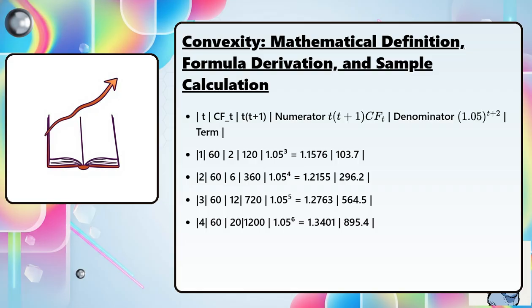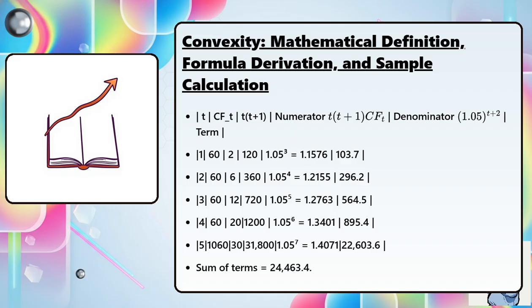For t equals 4, cash flow 60, t times (t plus 1) equals 20, numerator 1200, denominator 1.05 to the sixth power equals 1.3401, term 895.4. For t equals 5, cash flow 1060, t times (t plus 1) equals 30, numerator 31,800, denominator 1.05 to the seventh power equals 1.4071, term 22,603.6.